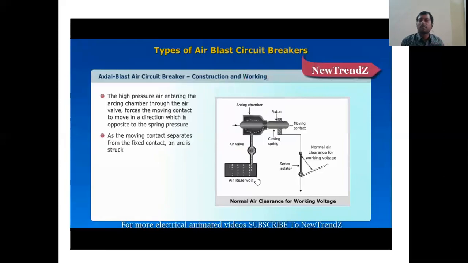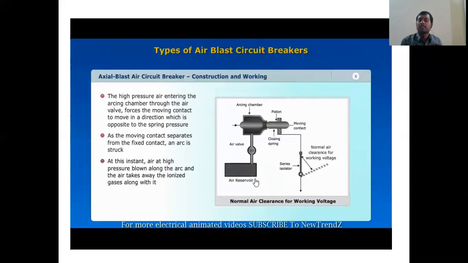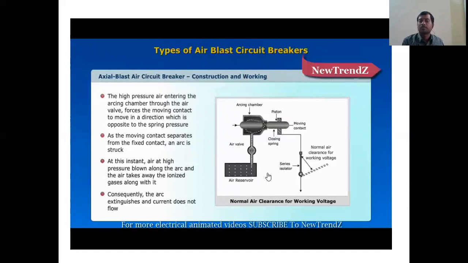The moving contact separates from the fixed contact, and the arc is struck. At the instant of the high pressure blow along the arc, the air takes away the ionized gases along with the direction of that one.